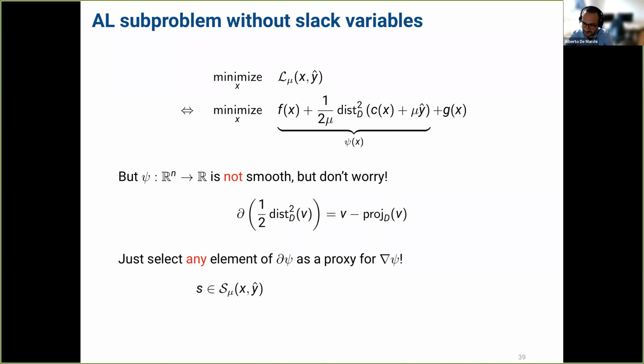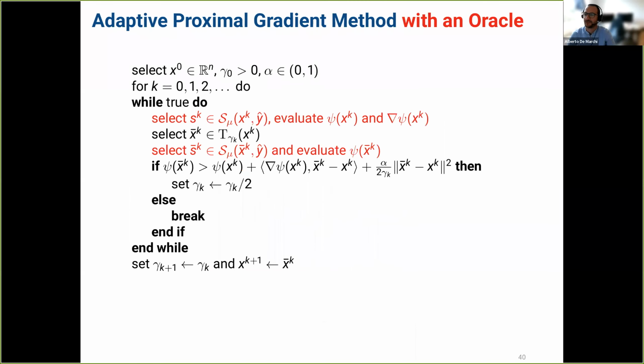So we have an x, you can select any s in this projection, and then you can just take this expression here on the right, which is nothing but an element of the subdifferential of psi, and use it as a gradient of psi instead in a standard proximal gradient method. Well, if you put this together, then we obtain a proximal gradient with an oracle.